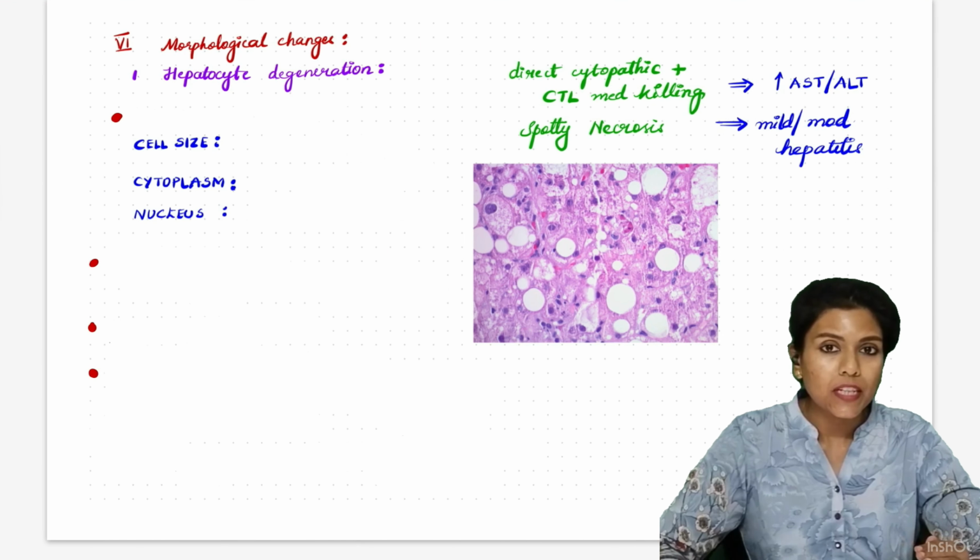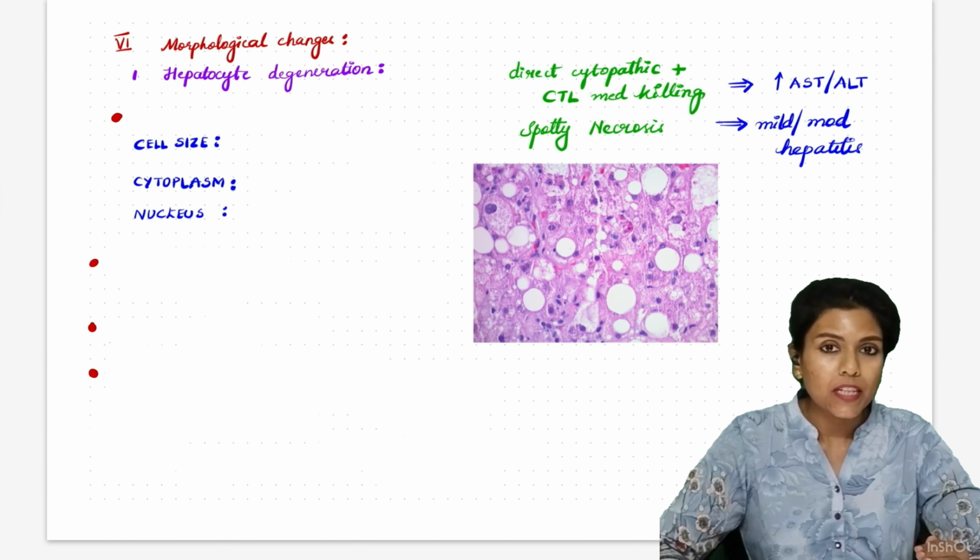So when you see this, this is one hepatocyte with a lipid or glycogen droplet inside it. This is the cytoplasm, pushed to the periphery like a signet ring. This is the nucleus. So the nucleus and the cytoplasm are pushed to the periphery because of this droplet of glycogen or lipid.